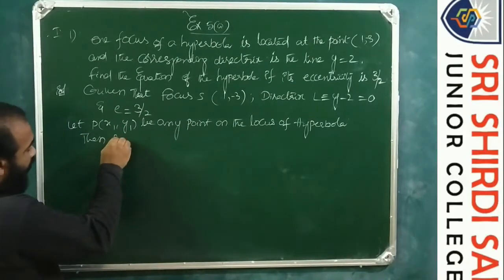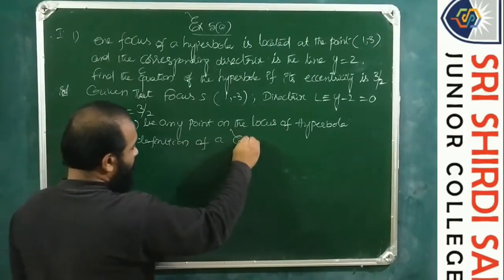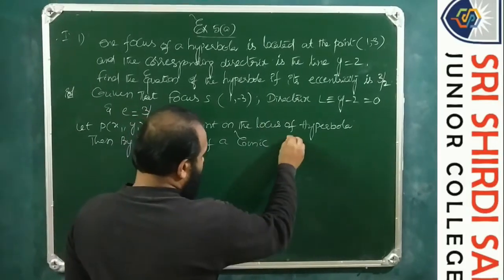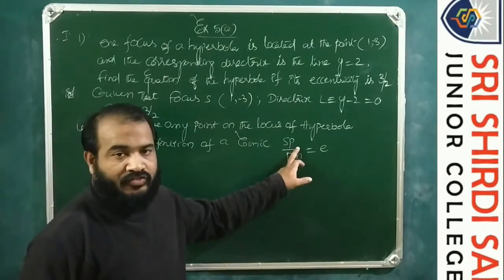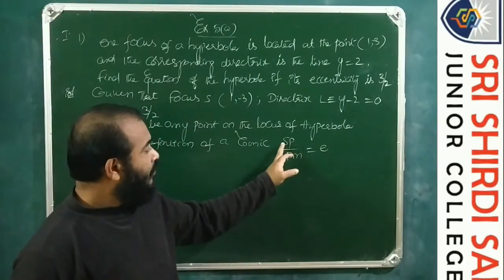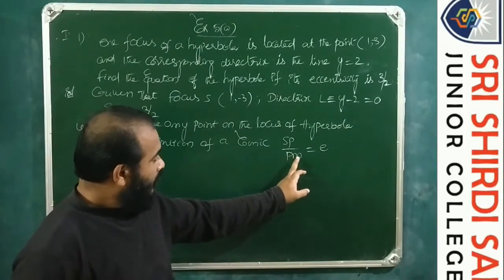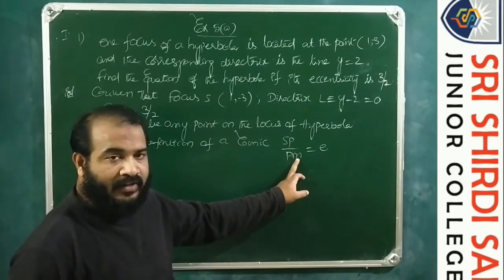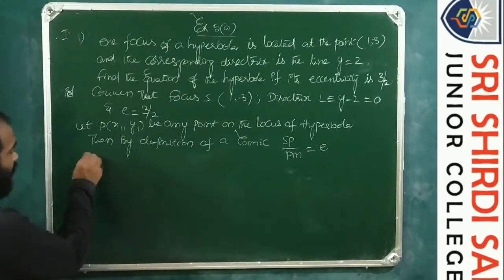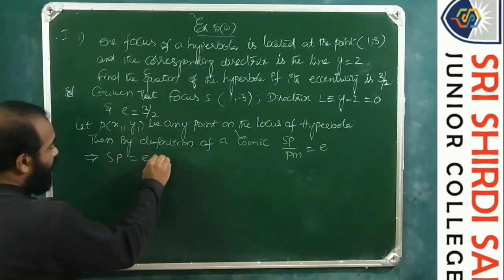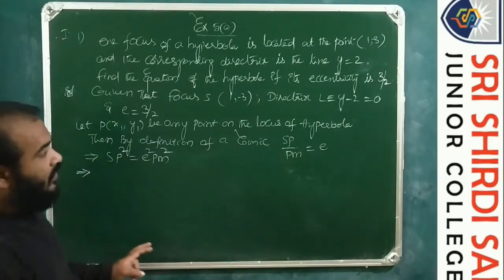By definition of conic, SP by PM is equal to e, where SP is the distance of a point from the fixed point, the focus, and PM is the distance of the point P from the directrix, or the perpendicular distance of the point P(x1, y1) to the line given. So SP equals e times PM. Squaring on both sides, SP square equals e square PM square.